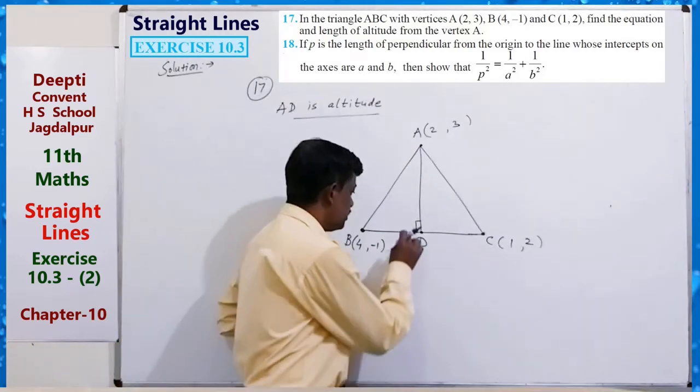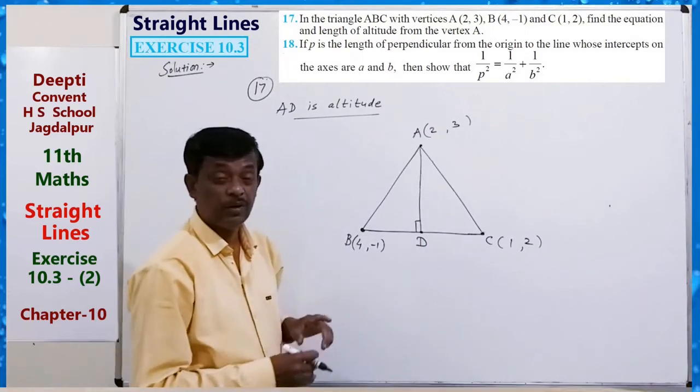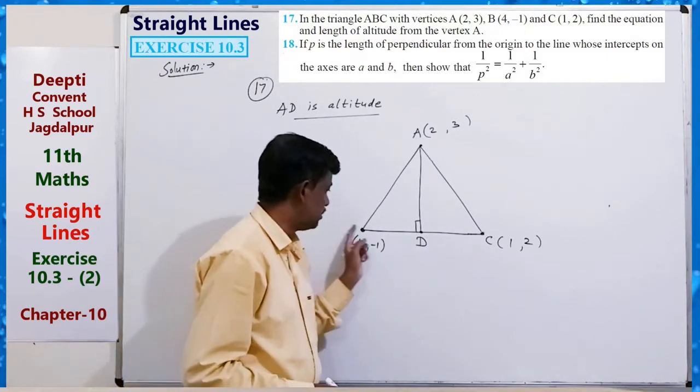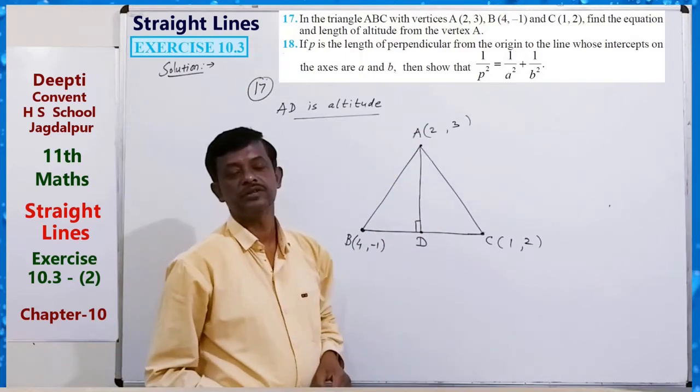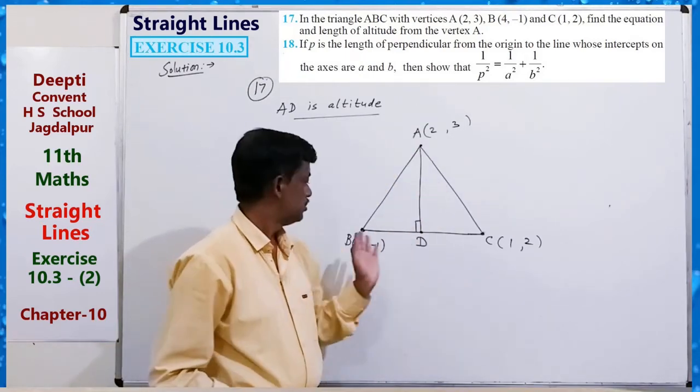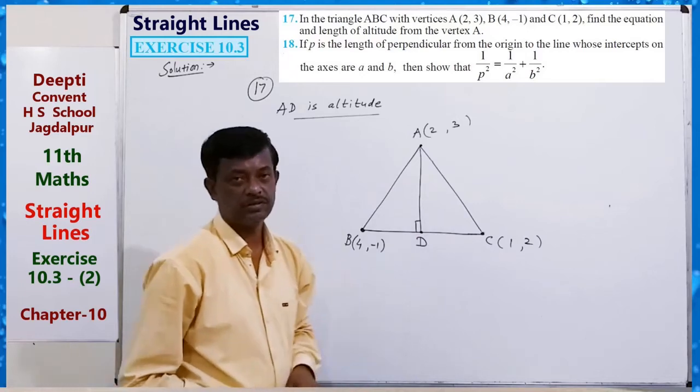Altitude means this is perpendicular, and we can find the slope of the line BC. The slope of AD equals minus 1 upon the slope of BC because they are perpendicular.